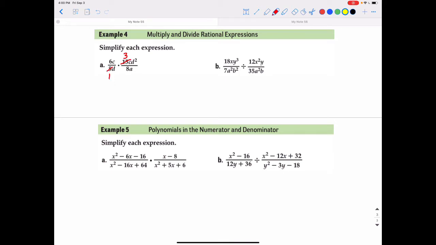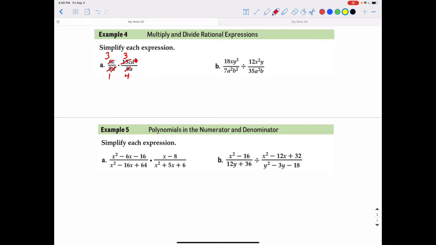I see 6 and 8. 2 goes in both of those. 6 divided by 2 is 3. 8 divided by 2 is 4. And then I can also start dividing out the variables in the exponents. So there is a d in the denominator of the first fraction and a d squared in the denominator of the second fraction. So the d down here can cancel out with one of the d's up there.